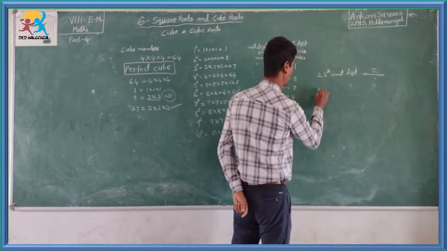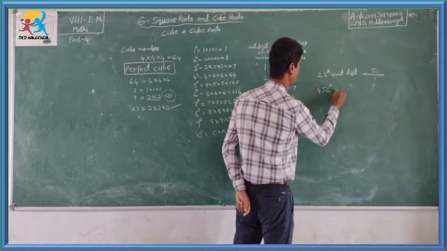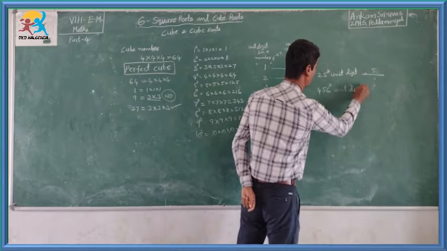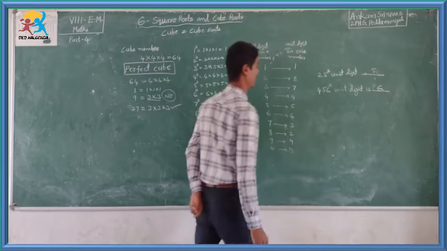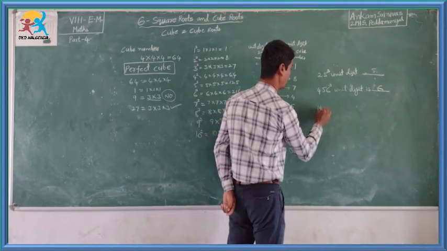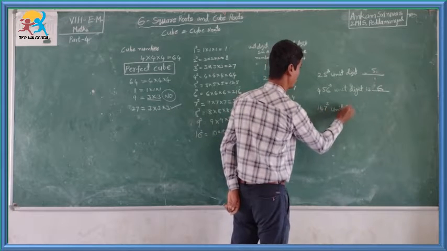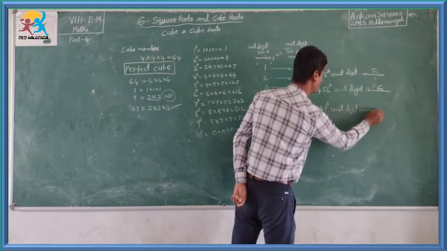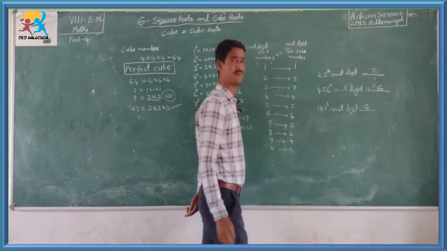Suppose 456 cube. What is the unit digit in this? The unit digit of 456 is 6, so 6 always becomes 6. Suppose I take 147 cube. What is the unit digit of 147 whole cube? 7 becomes 3, so it is 3.